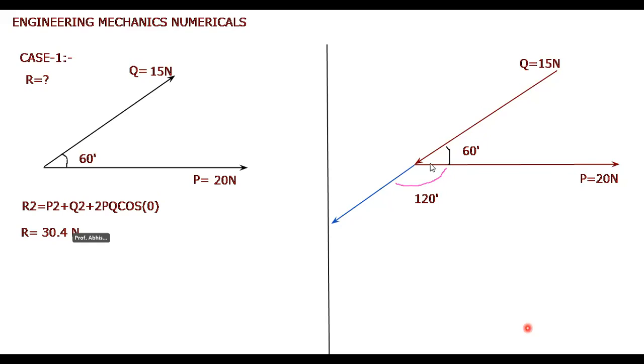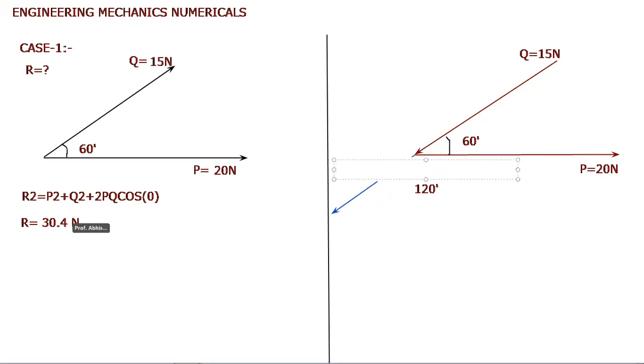Now the magnitude of this extended force is also the same. The same force is there, that is Q equal to 15 Newton, right? The force is the same, only the angle has been changed. Now this P equal to 20 Newton is also along the x-axis, remember, because we have assumed this as horizontal.